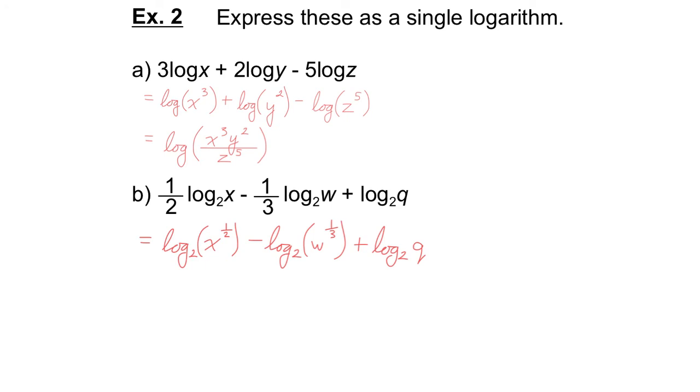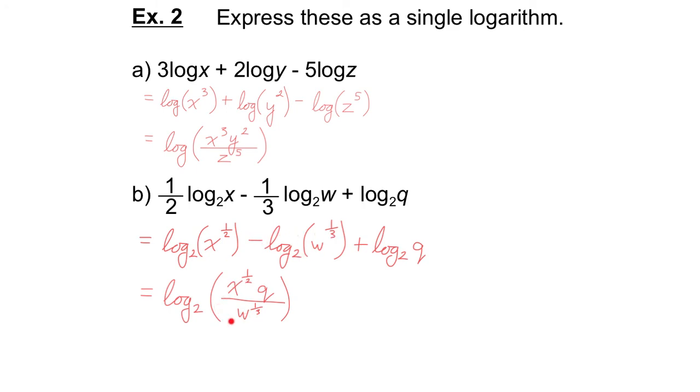So x to the half, and we're subtracting the w to the 1/3. So that means there's a division between those two values, but we're adding this one. So that means they're multiplying by q. So we end up with log base 2 of x to the half multiplied by q, because those were added, divided by w to the 1/3, because this part was subtracted.